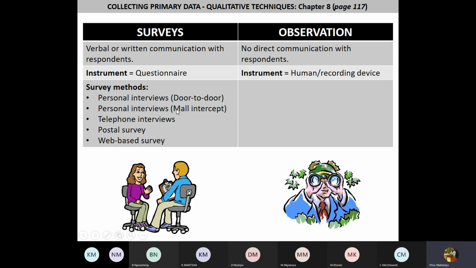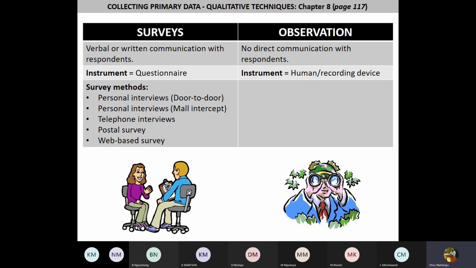So you will try to align and articulate the term that you can use with the intercept survey. It simply means that you are intercepting consumers at their point of purchase, such as a mall, or point of transit, whereby they are sitting at the bus stop and so on.